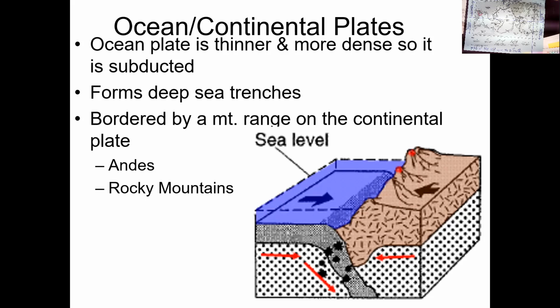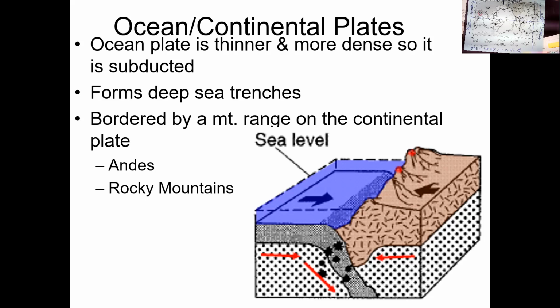This will always create this deep sea trench. So a trench is basically like a big ditch. So as that plate goes under, it kind of creates a ditch, that V shape next to the continent there.